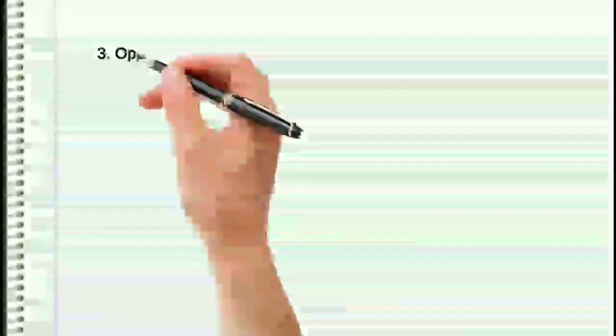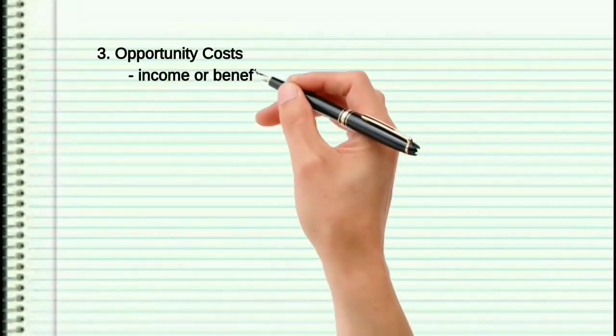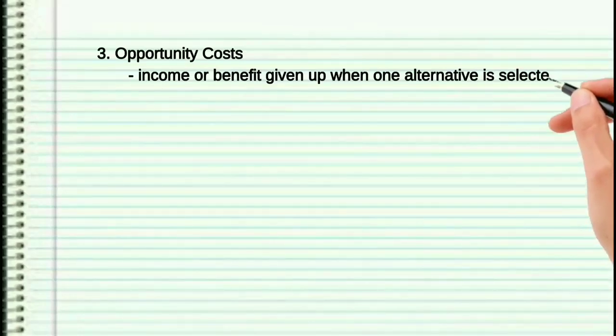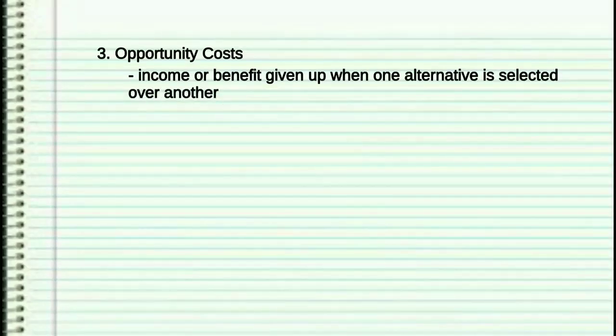Pangatlo, we have opportunity cost. The opportunity cost, ang ibig sabihin niyan, this is the income or benefit given up when one alternative is selected over another. There are at least two alternative courses of action, or there are at least two options.